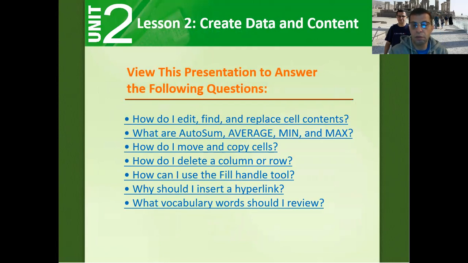What are AutoSum, average, min, and max? How do I move and copy a cell? How do I delete a column or a row? How can I use the fill handle tool? Why should I insert a hyperlink? What vocabulary words should I review and remember?